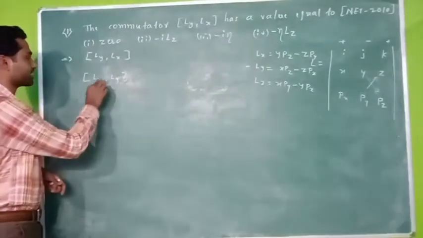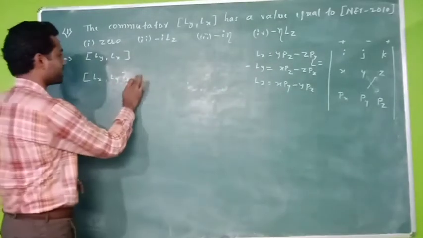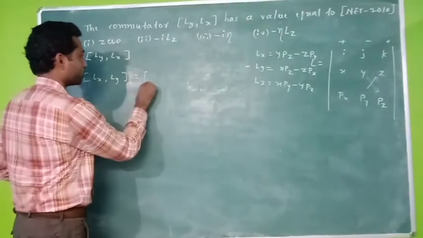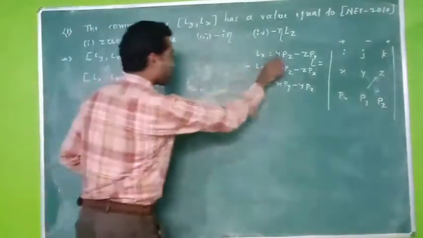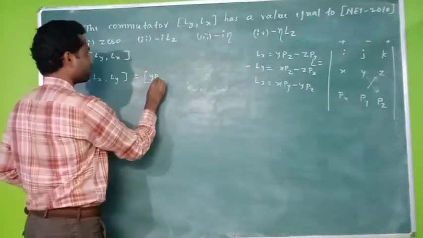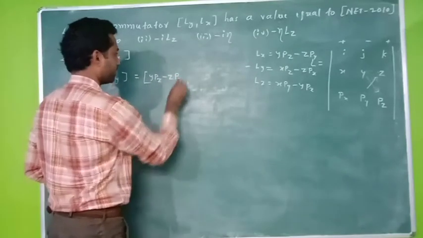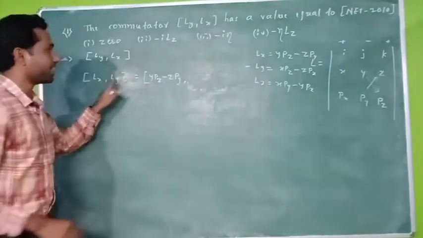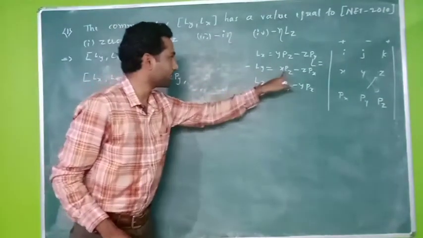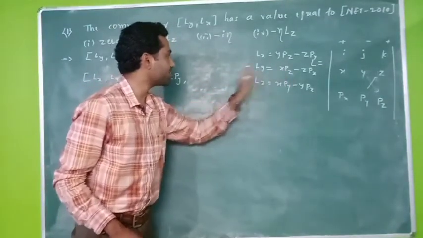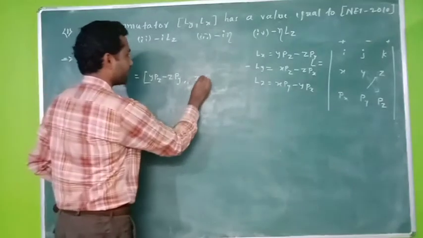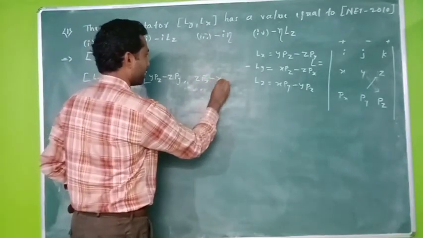Here, by making use of this, we can solve this one. The commutator of Lx and Ly is equal to what? Lx is equal to ypz minus zpy, and Ly is equal to zpx minus xpz.